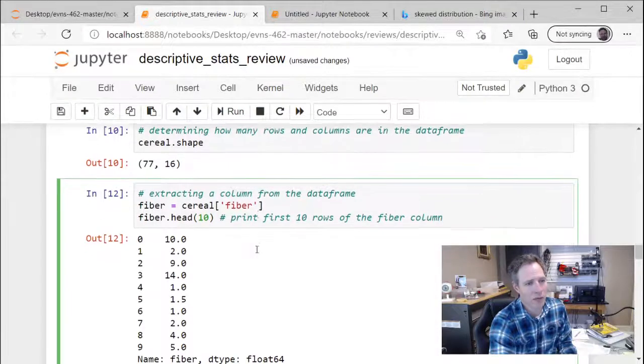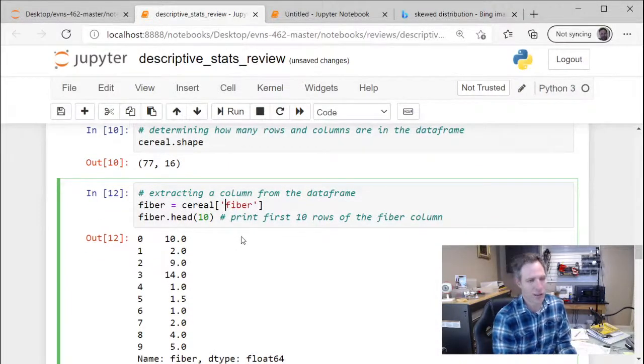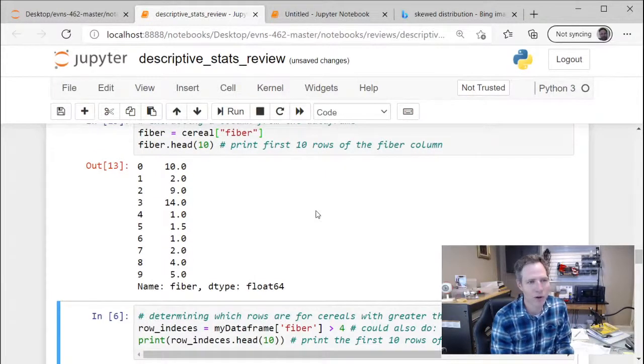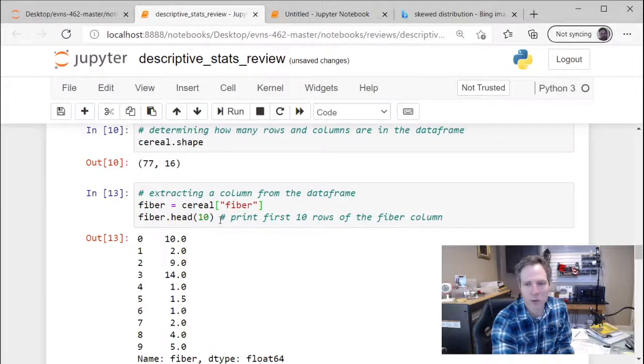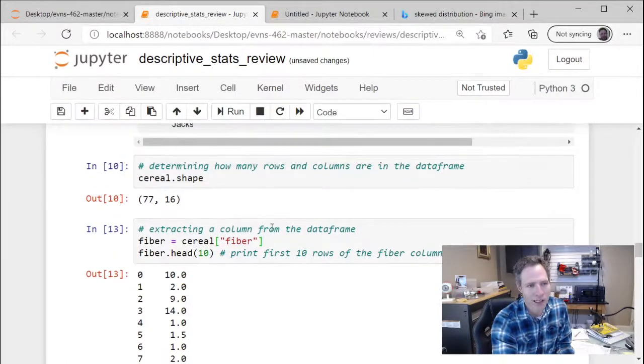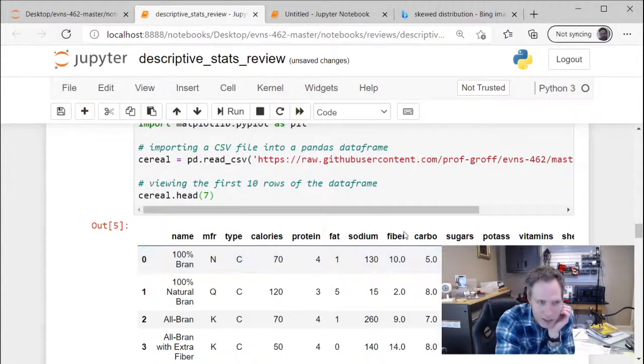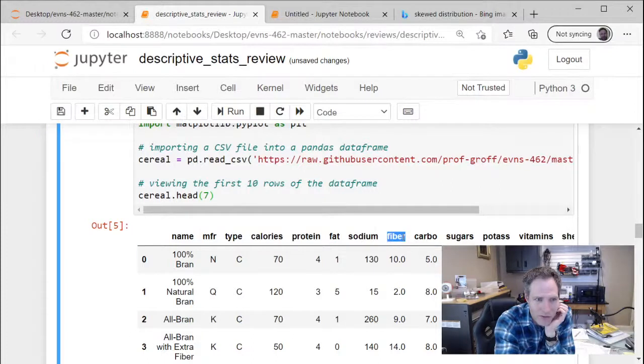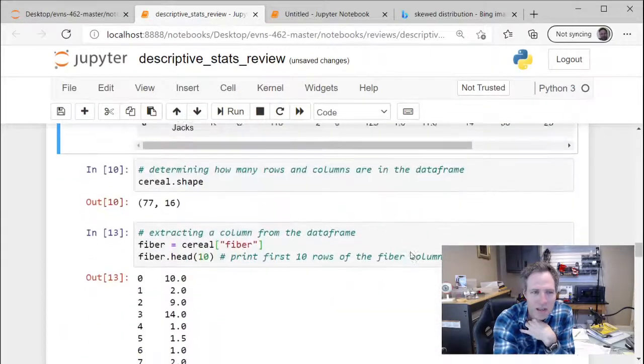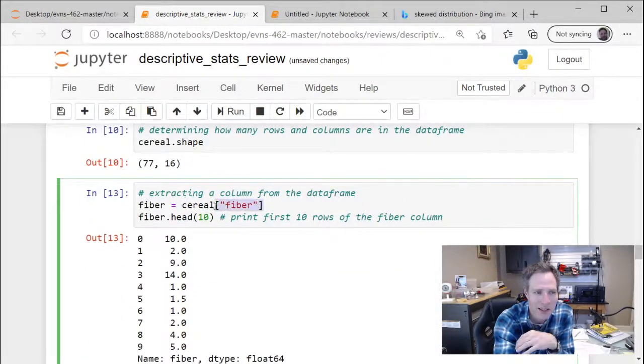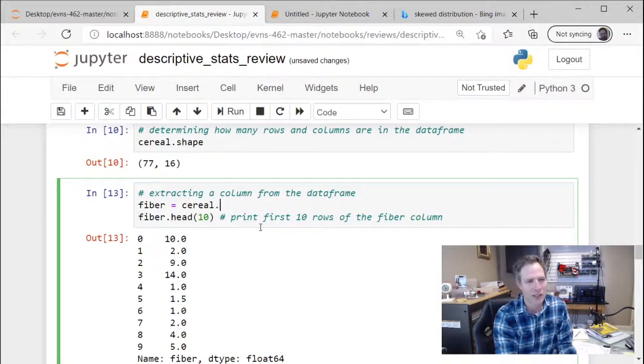There are other ways. In Python, most of the time, single quotes and double quotes are the same. So I could use double quotes and that works as well. In this case, there is another shortcut, and this is because the column names are single words. Fiber is not like fiber content; it's not multiple words, it's just one word. So another way that you can access individual columns in a situation like that is the dot notation.